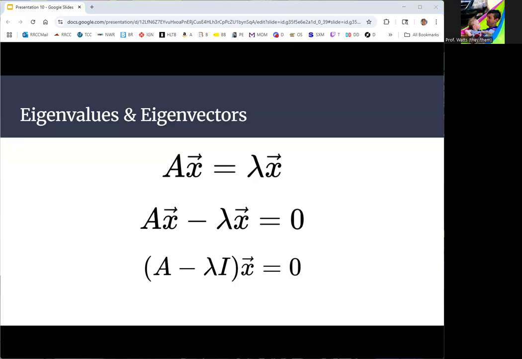Generally, an identity matrix is a matrix with ones along the diagonal and then zeros everywhere else. So for this 2 by 2 case, this will be our identity matrix. And if you multiply a vector by this, you just get the same vector back. That's why it's called the identity matrix.